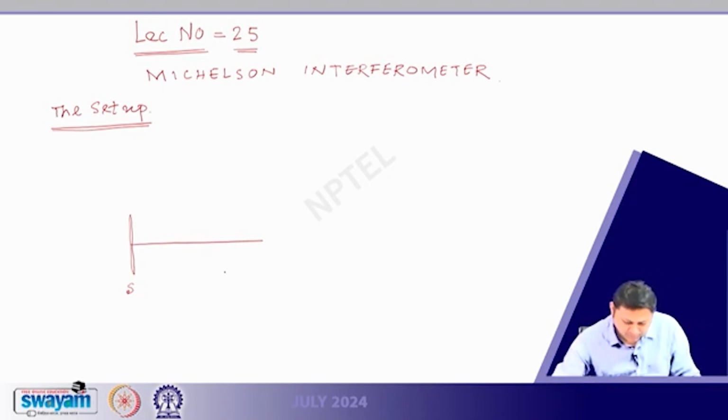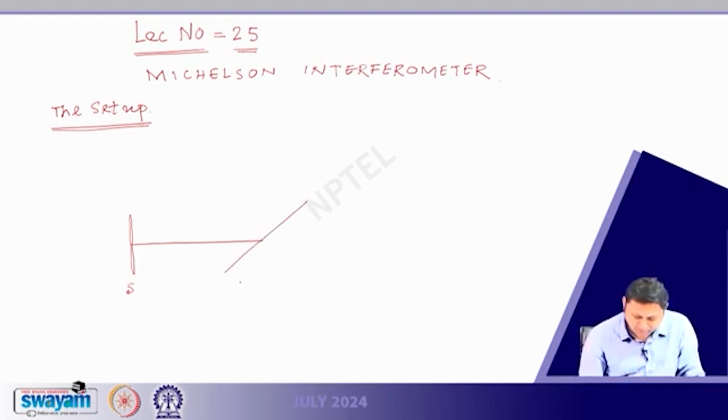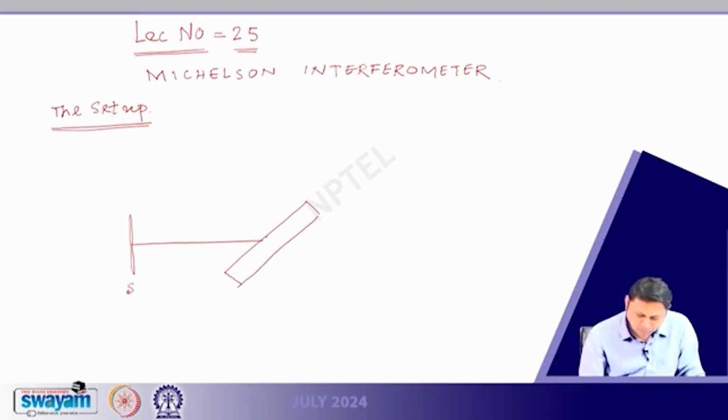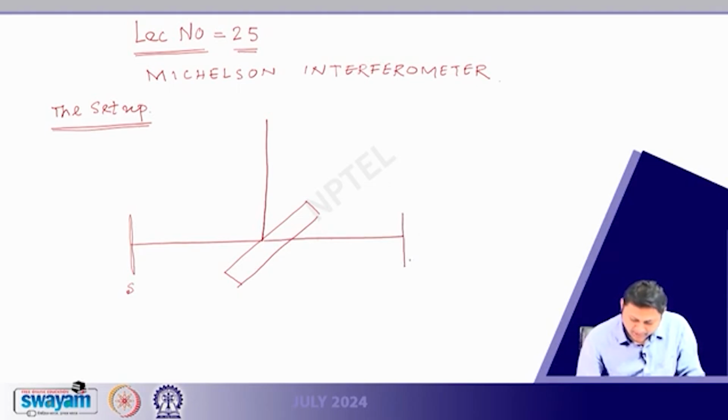Here we have something called a beam splitter, which splits the incident beam into two parts. One is reflected. The angle of this beam splitter is 45 degrees with respect to this horizontal line, and then one part is transmitted and hits another mirror here.